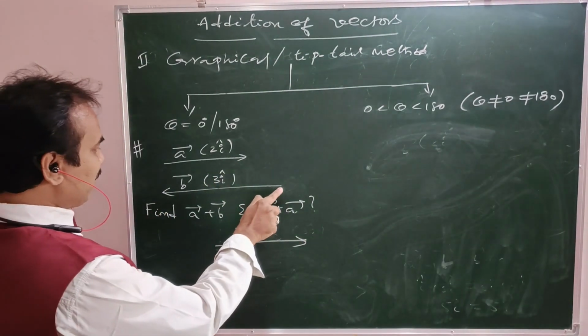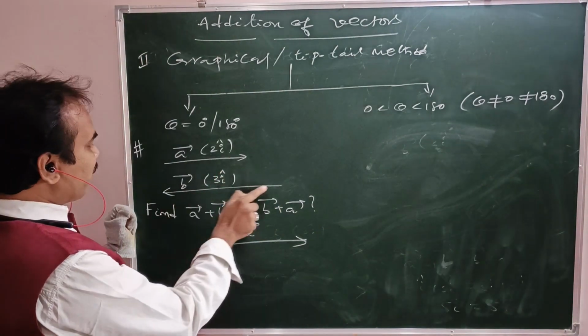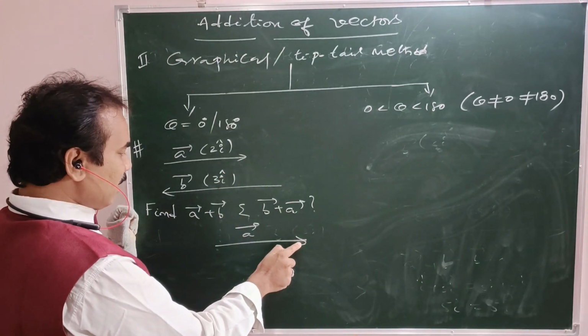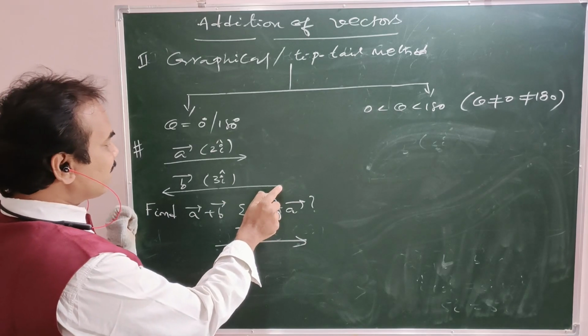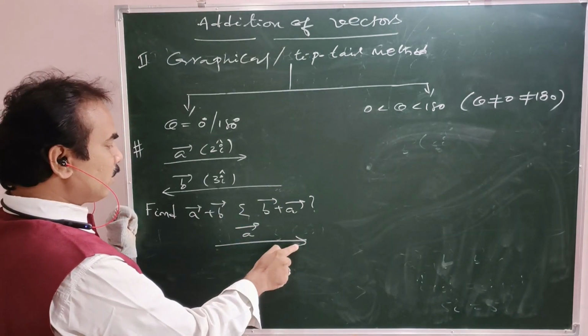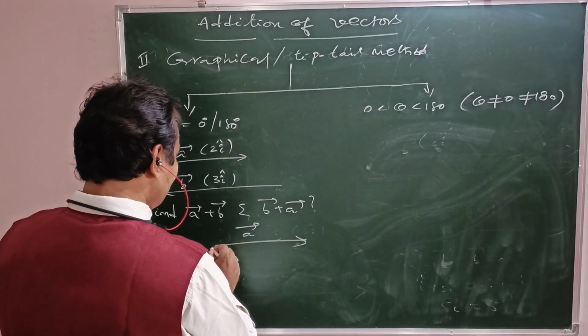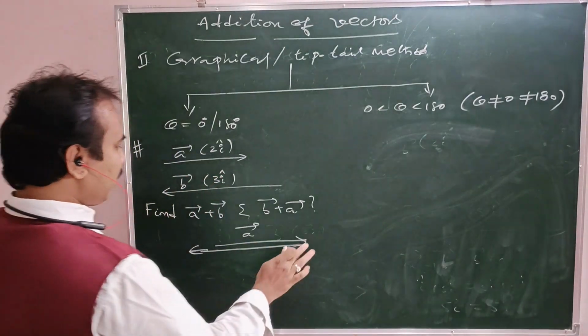Where is the tail of B bar? Somewhere here. Where is the head of A bar? Somewhere here. Now connect this tail of B bar with the head of A bar like that.